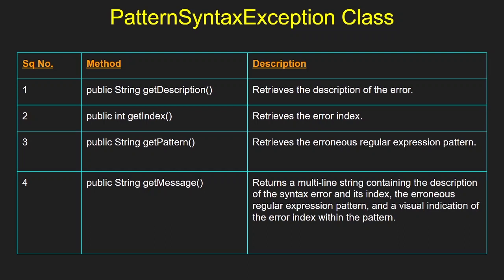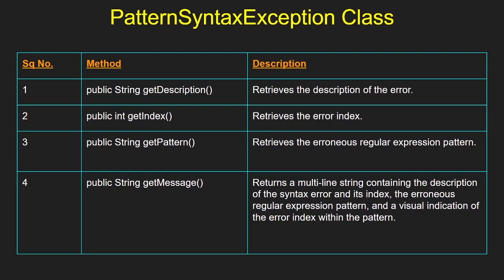Next one is getIndex. It retrieves the error index, like at which point the error was generated. That index will be returned using getIndex. Next one is getPattern. It retrieves the erroneous regular expression pattern. So whatever regular expression we have given and it is having that error, it will return that regular expression.